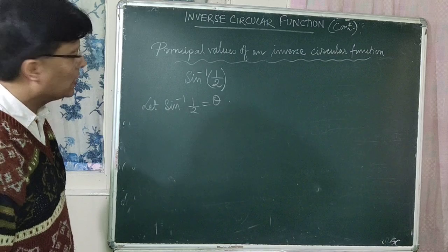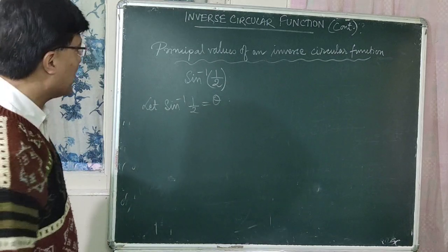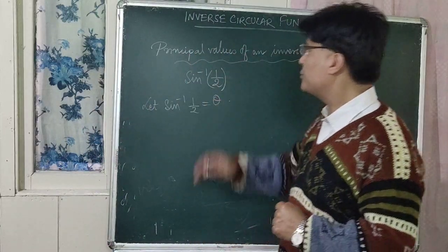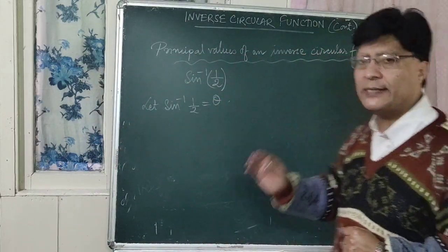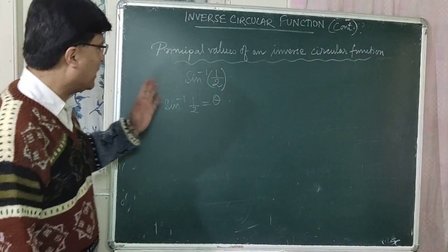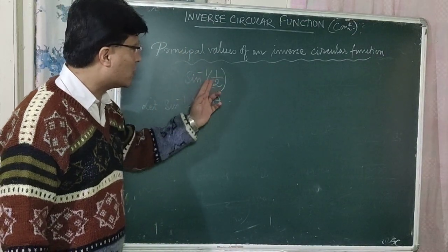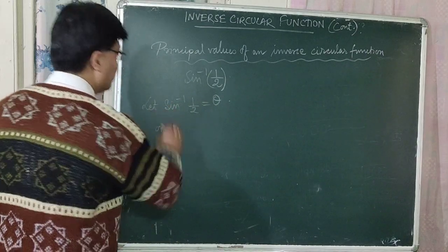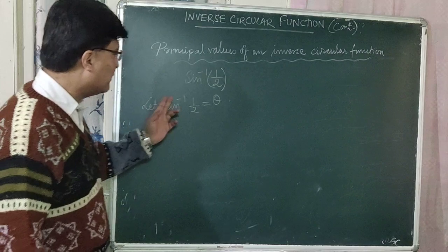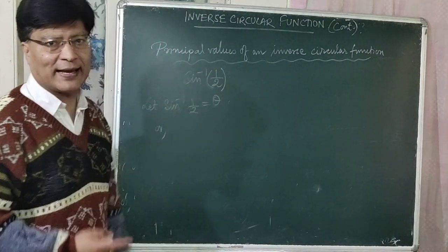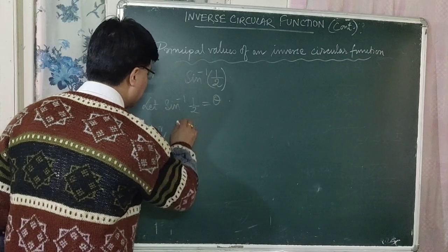Theta. So in the last online class, I told you that this sine inverse half, this inverse circular function represents an angle, right? So that's why we have assumed sine inverse 1 upon 2 as theta. When the sine inverse goes to the right hand side, it becomes sine theta.